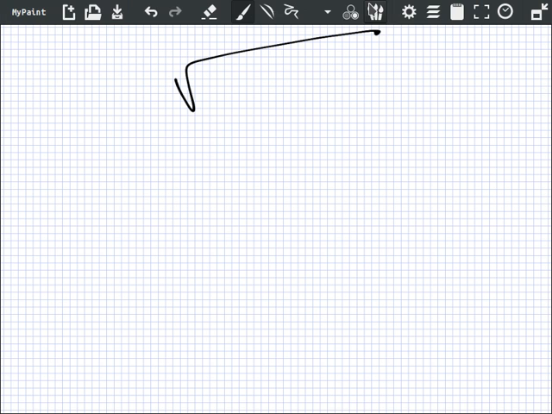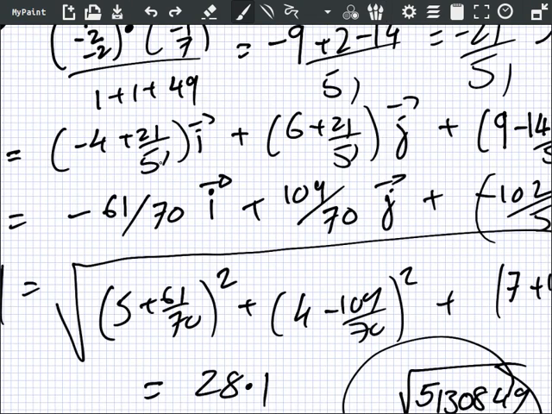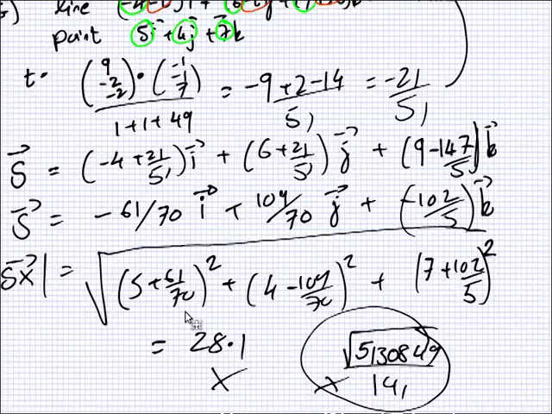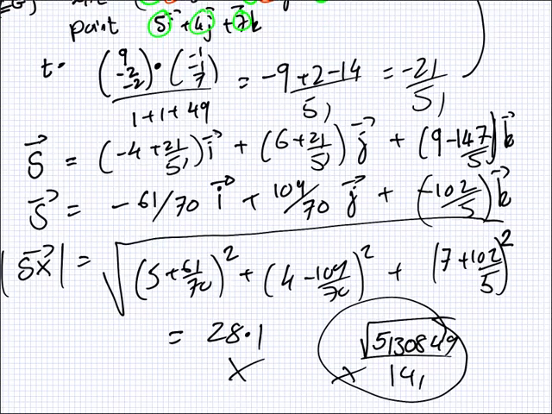Where 5 minus this, 4 minus this, 7 minus this. Why is this minus this? It's X minus.